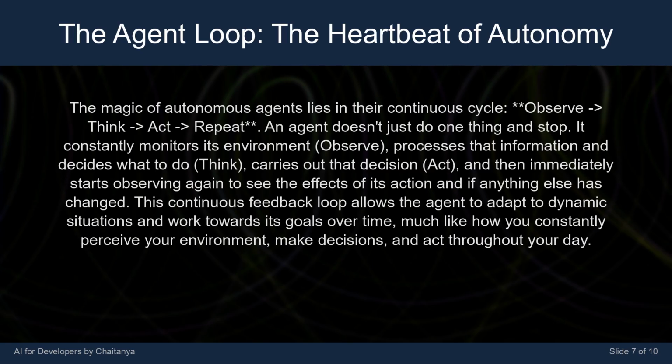And then it immediately starts observing again to see the effects of its action and if anything else has changed. This continuous feedback loop allows the agent to adapt to dynamic situations and work towards its goals over time, much like how you constantly perceive your environment, make decisions, and act throughout your day.